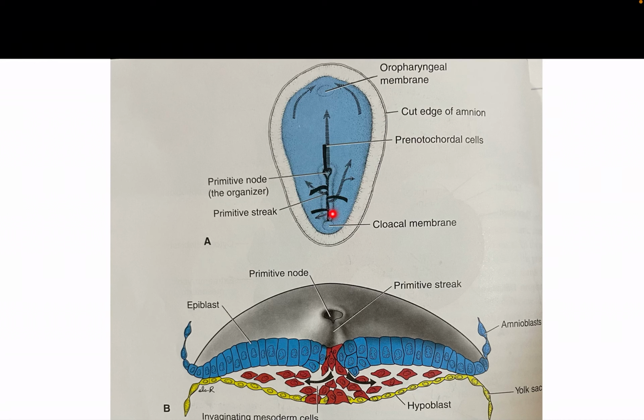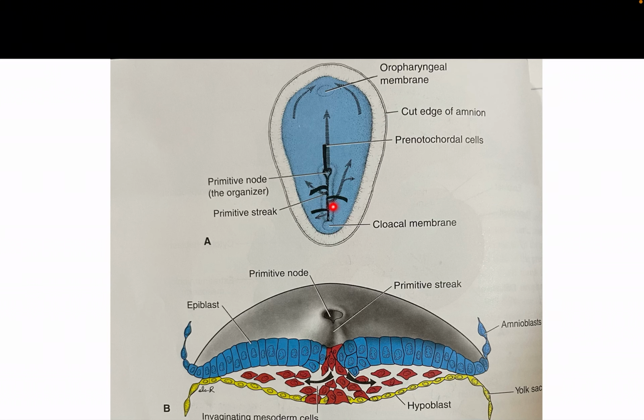The final 1/4 is further divisible into 2 parts, A and B. The anterior A part gives primordial germ cells, which are spermatogonia and oogonia. In my previous lecture I told you that I would let you know the site of development of primordial germ cells, and that is here.